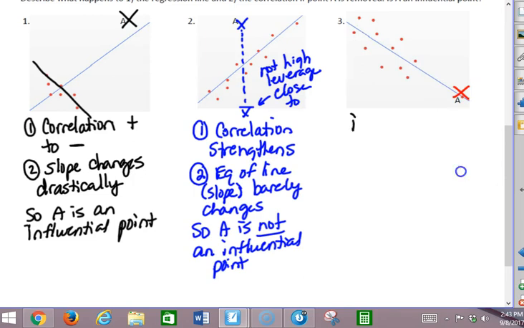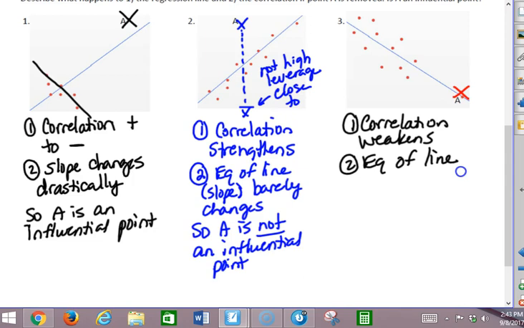So we have the correlation weakens when we remove A. Equation of the line barely changes. So A is not an influential point.